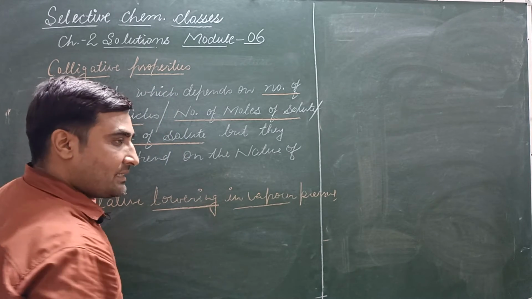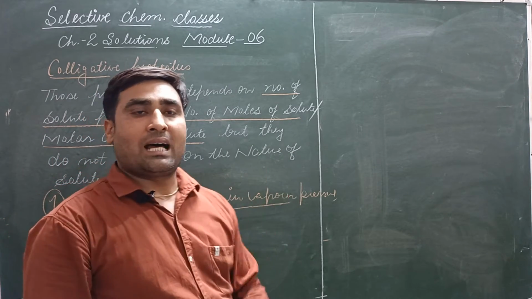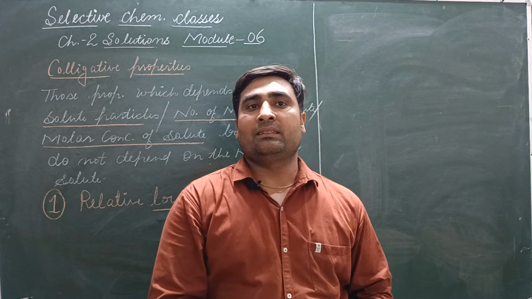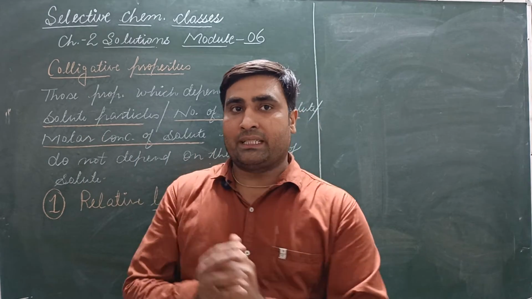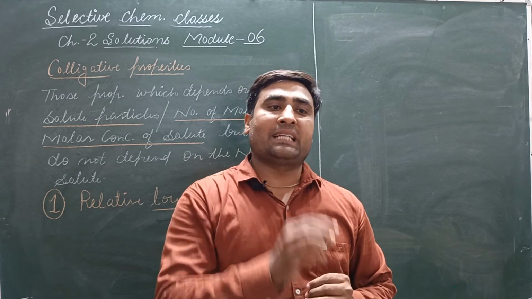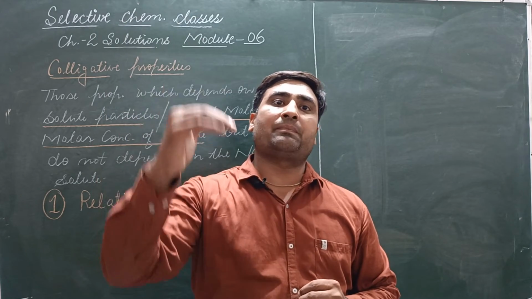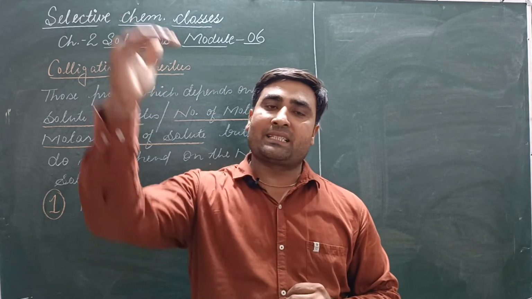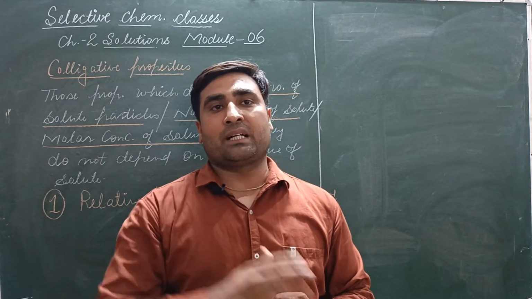Lowering means decrease in vapor pressure. In case of Raoult's law, we had studied that when we use a simple solvent, all the molecules of solvent are present at the surface and they have the tendency to escape into the vapor state and exert pressure. It means all the molecules can take part.